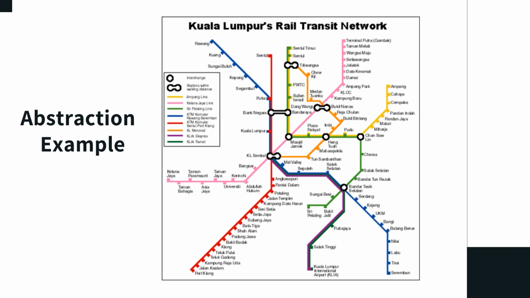All these specific details, I don't care about. The only thing that I care about is I'm going to Ampang, how to go there. This is my route. So this is actually the abstraction example.